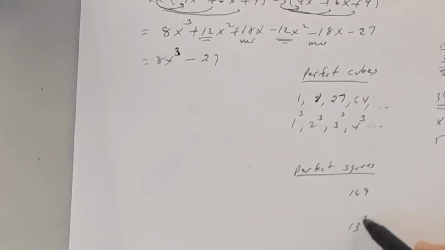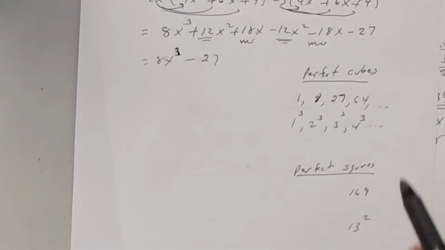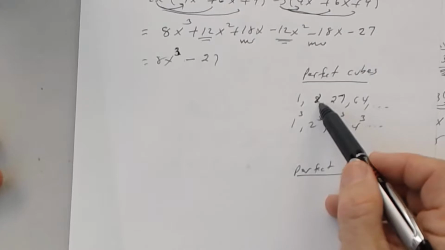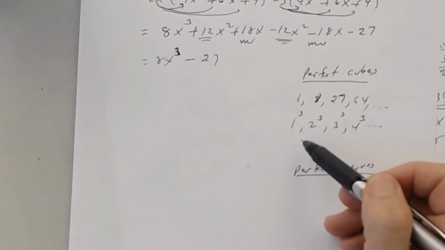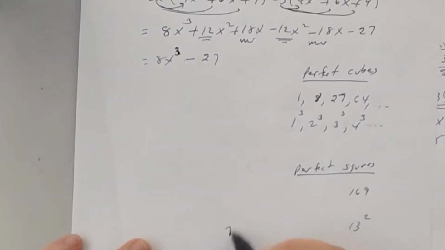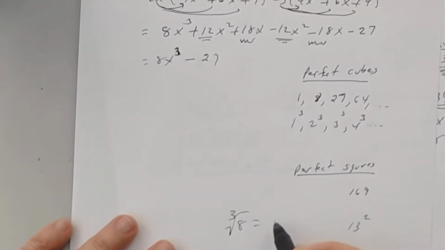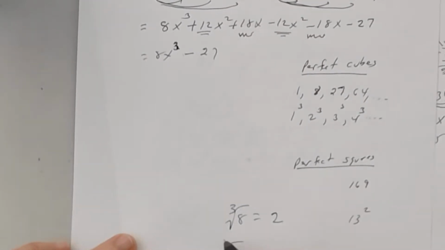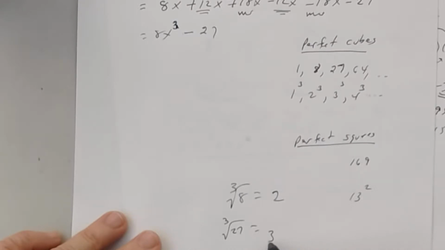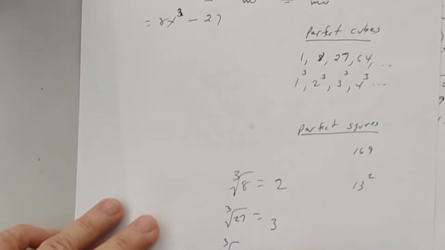So 13 squared is going to equal what? 169. So when I take the cube root of 8, what's the cube root of 8? 2. Not 2 cubed. Cube root of 8 is what? 2. The cube root of 27 equals what? 3. The cube root of 64 equals what? 4. And so on.